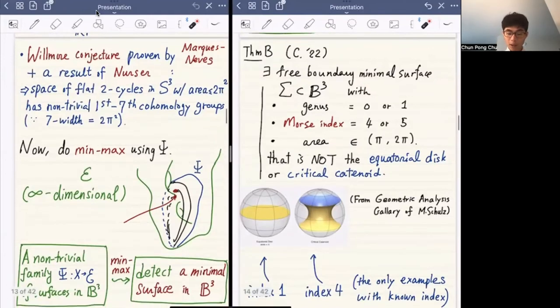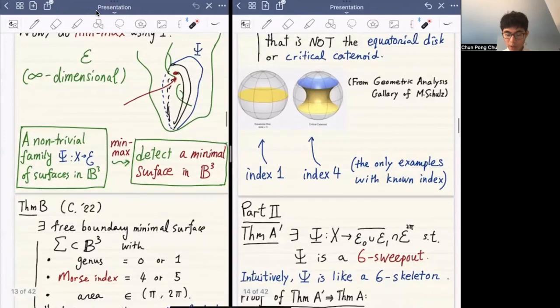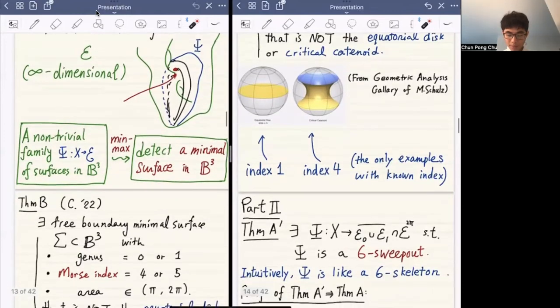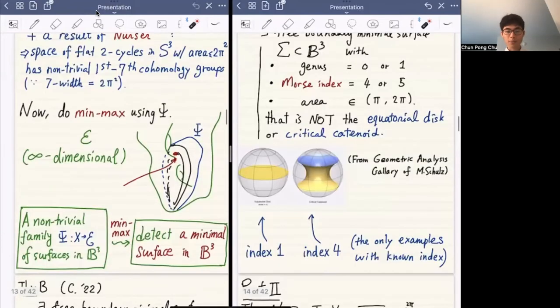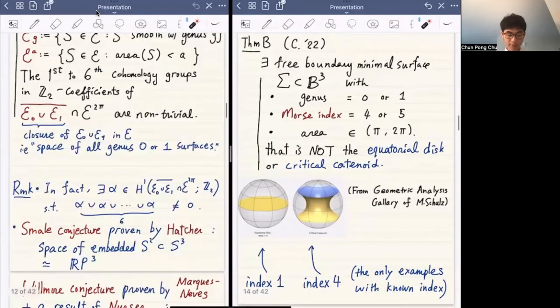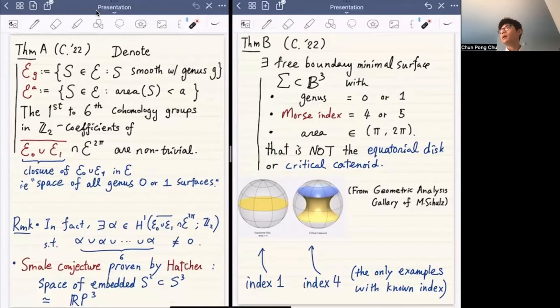And then in the second part, I'm going to sketch the proof of theorem A. So this is theorem A. And there are three parts, sorry.